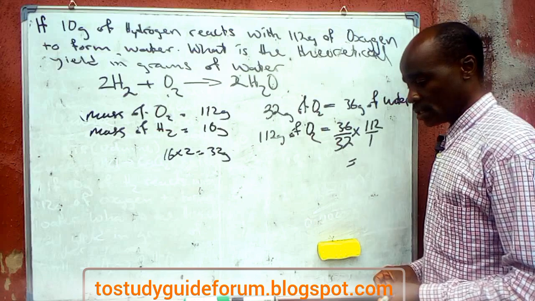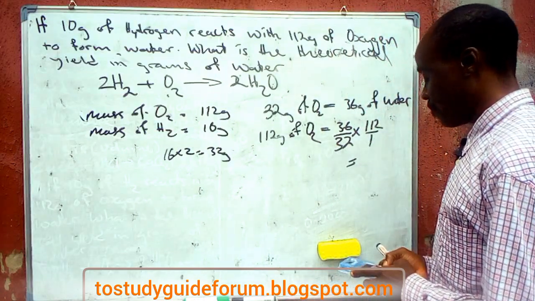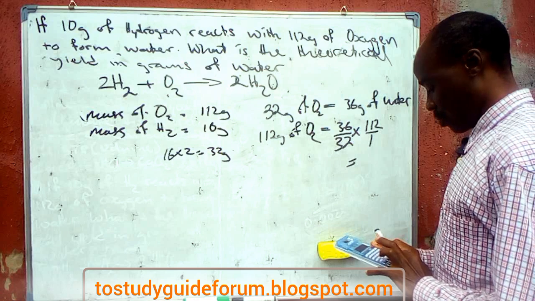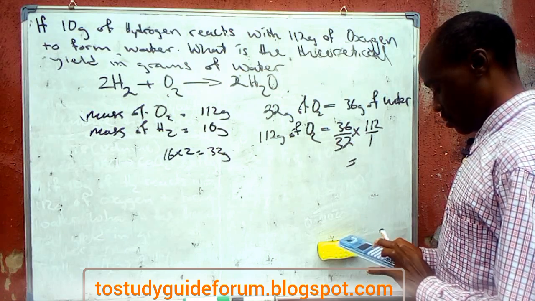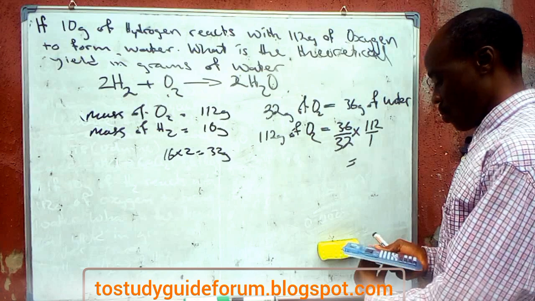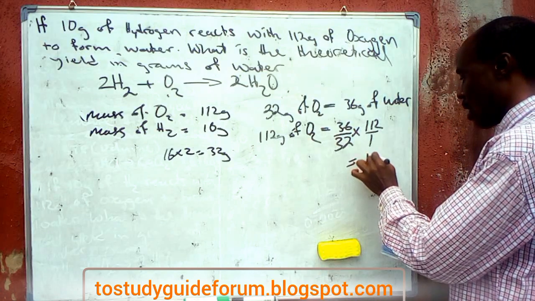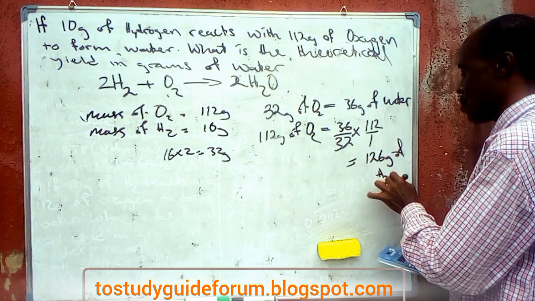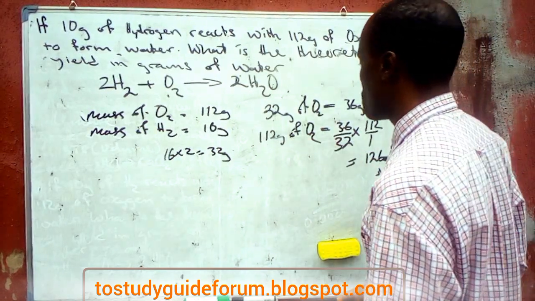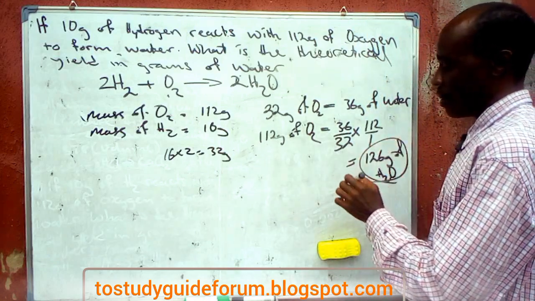So 36 multiplied by 112 divided by 32 gives us 126 grams of water. That is what we have. This seems to be a bit bigger.